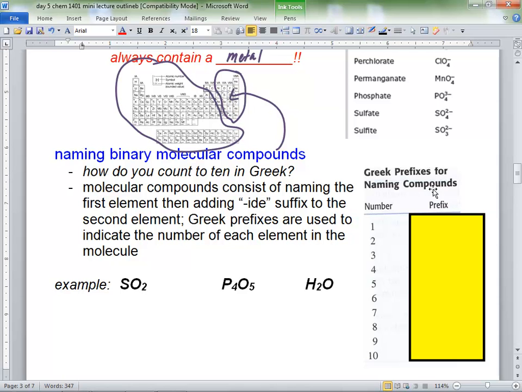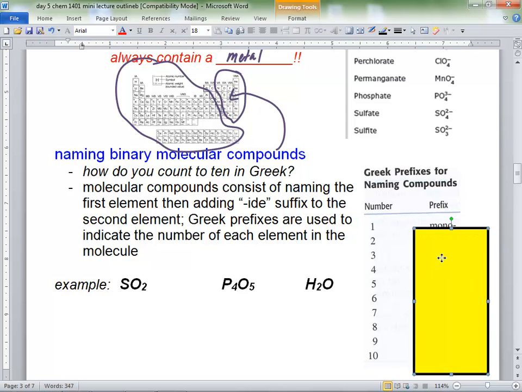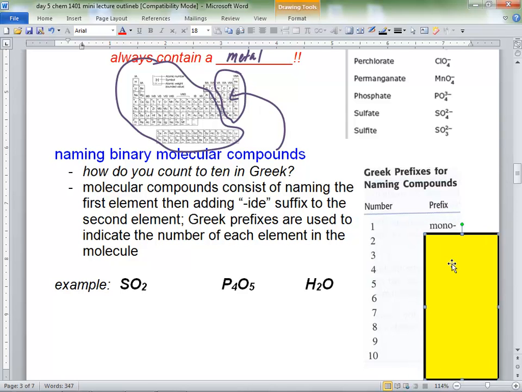And I think the only time you've probably seen this is if you were in geometry. What's 1 in Greek? Mono. Okay, mono. How about 2? Di. 3. Tri. 4.